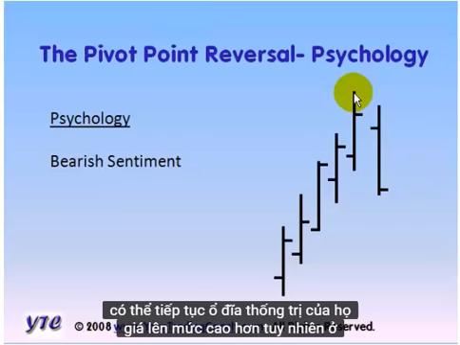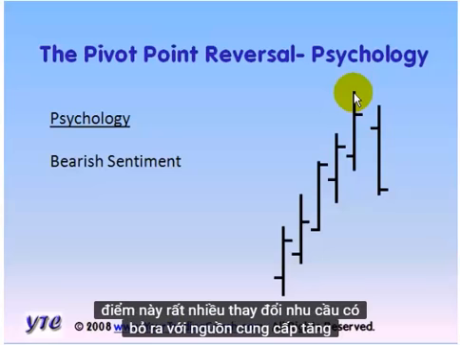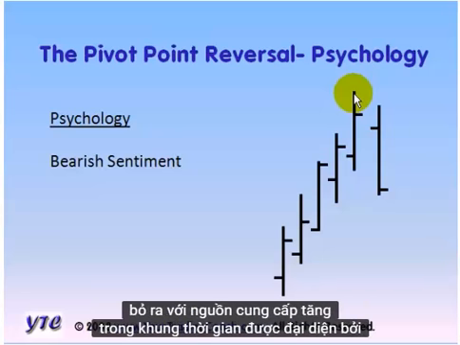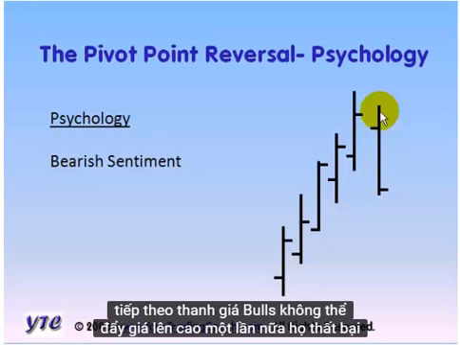The bulls were able to continue their dominance, driving price to higher levels. However, at this point something changes. Demand has dropped off as supply has increased. During the time frame represented by the next price bar, the bulls are unable to push price that high again.